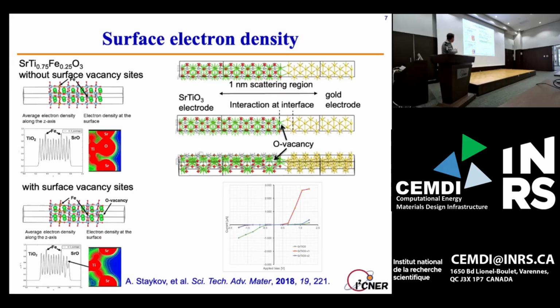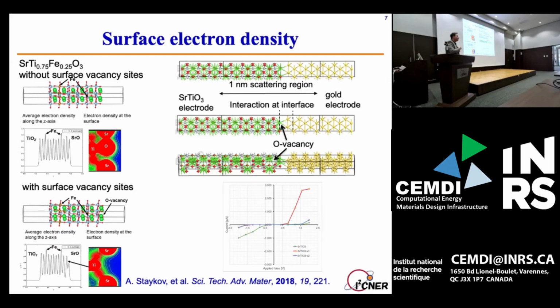Once we have a vacancy on the surface, however, we see increased electron density between the top layer and the subsurface layer. And looking at the electron density distribution within the vacancy, we see that the vacancy is not just a void, not just an empty site. It holds electron density, and that would be what will catalyze the reaction.